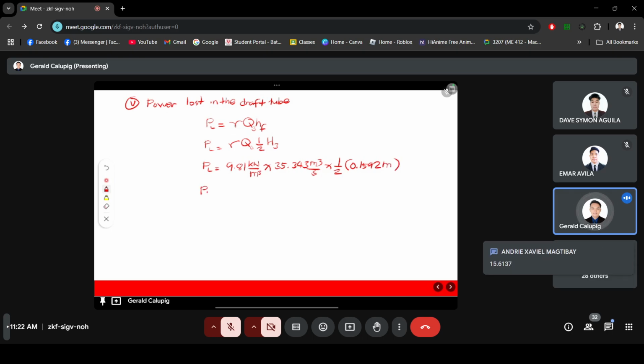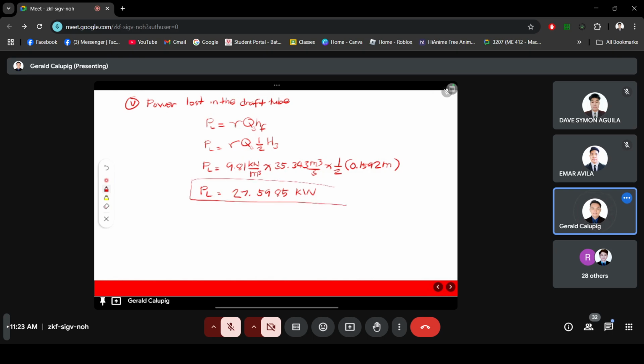So our power loss will be what? Our power loss is ilan po? Pa-check nga po. That should be 27.5985 kilowatts. That is the power loss in the drop tube.